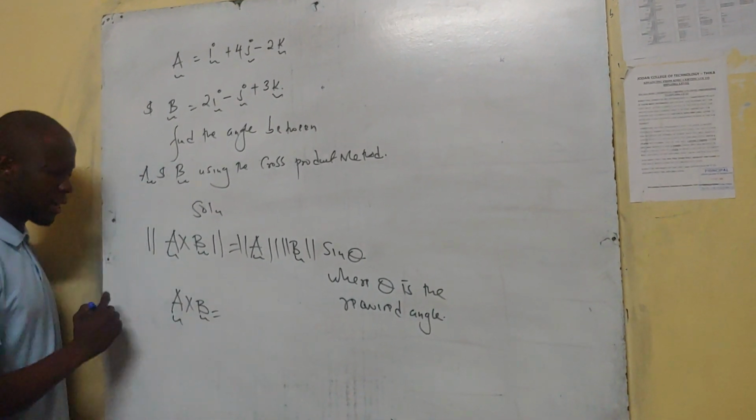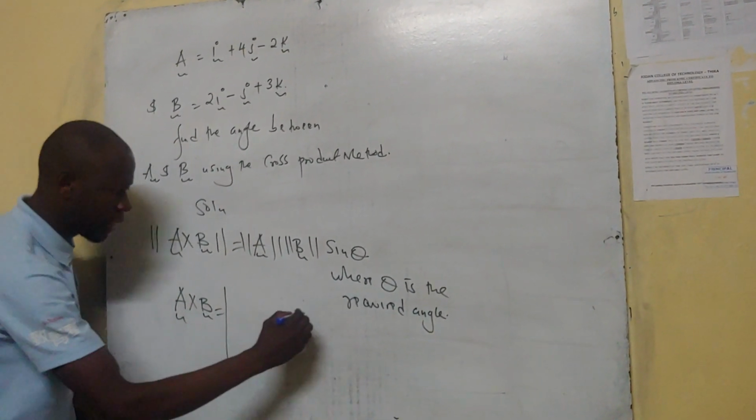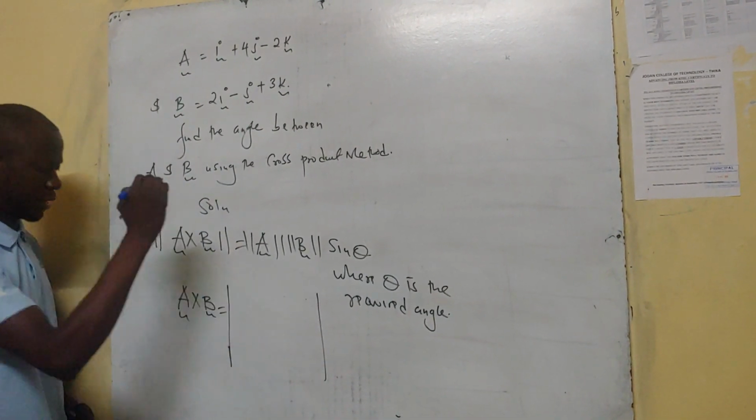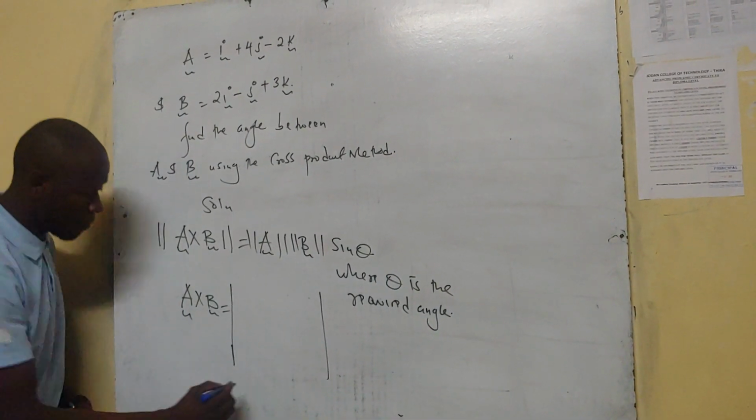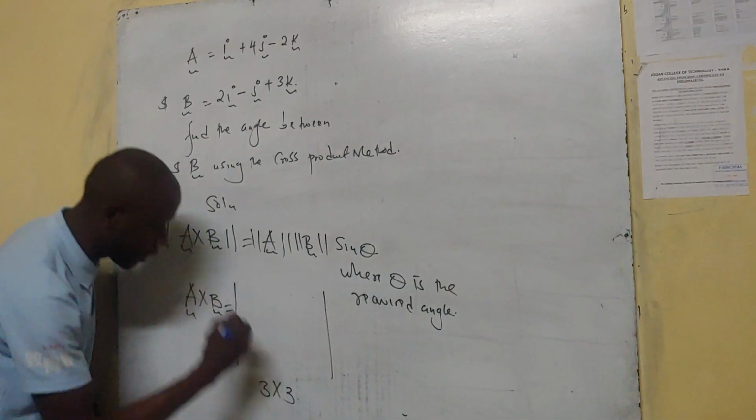We said that A cross B is always given by the determinant of a 3 by 3 matrix.